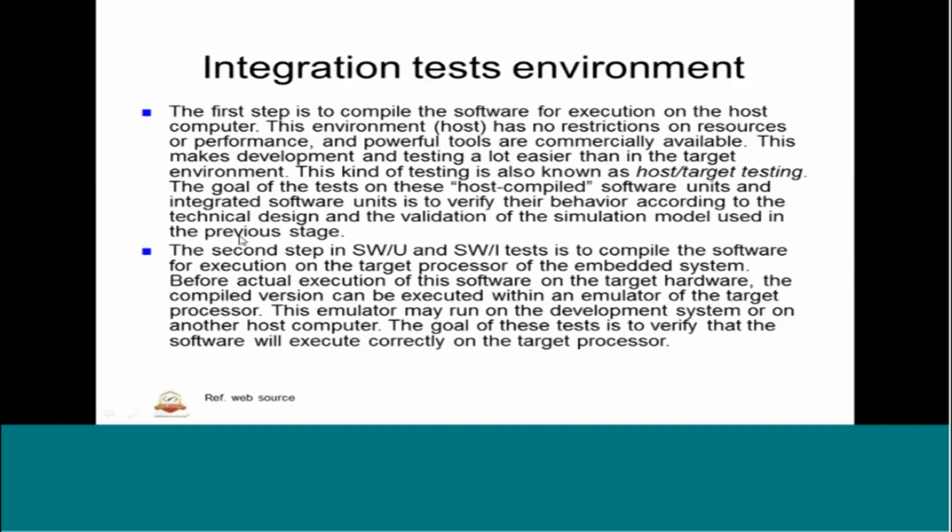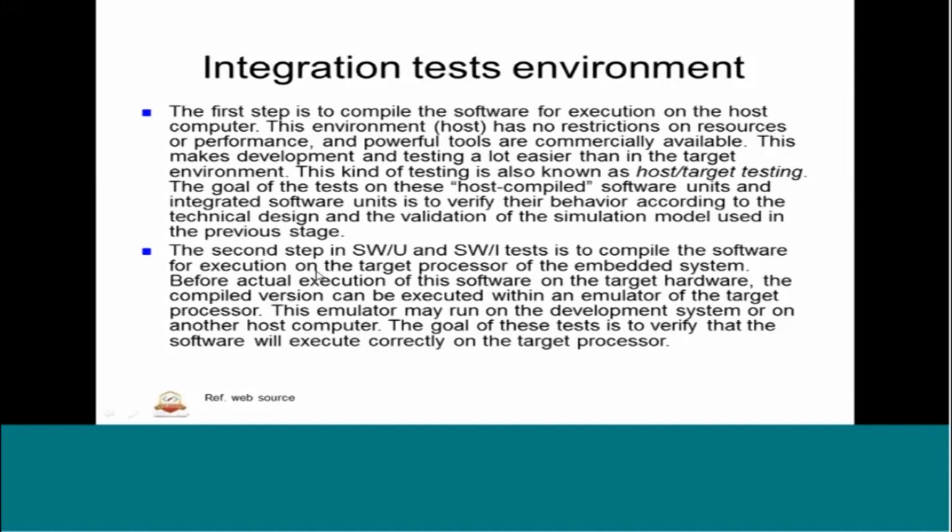That is done first, and the second step of the software unit or software integration test is to compile the software for execution on the target processor of the embedded system. So we have so far done it on the host based environment. I think we have studied simulator, emulator and all that in detail. It is a similar strategy, but here the focus is on the interfaces and the integration of the different modules.